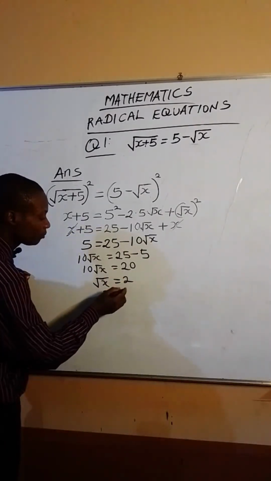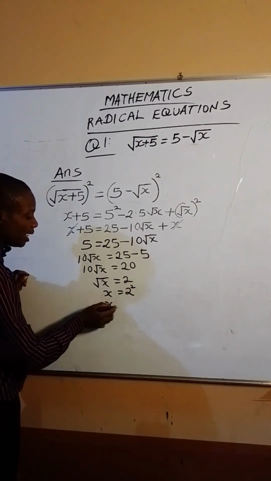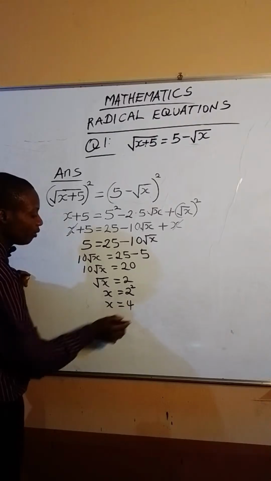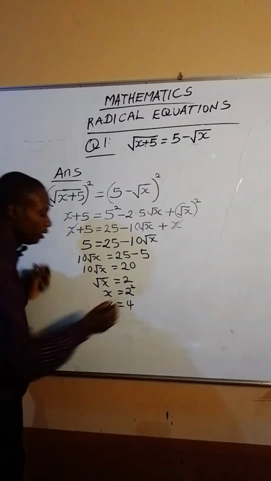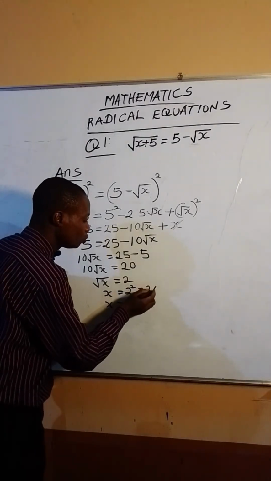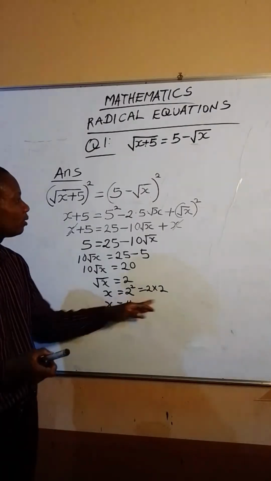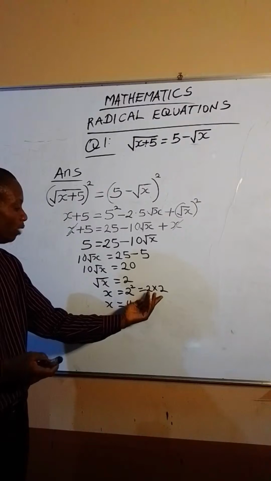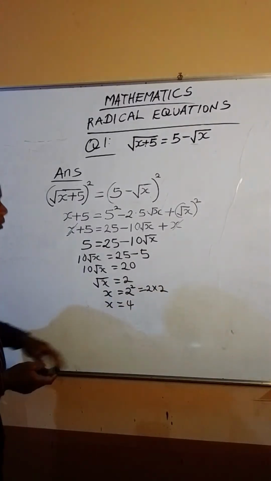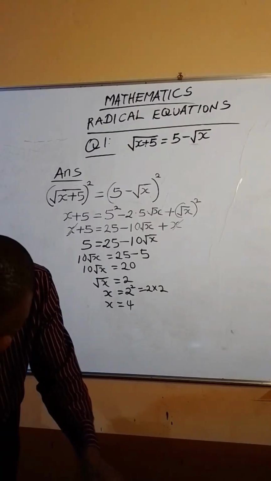Then we'll be left with 2 square, which is x equals 4. 2 square means 2 times 2, that is multiplying 2 by itself once. Then we get 2 times 2. So this is exactly how we solve the first question.